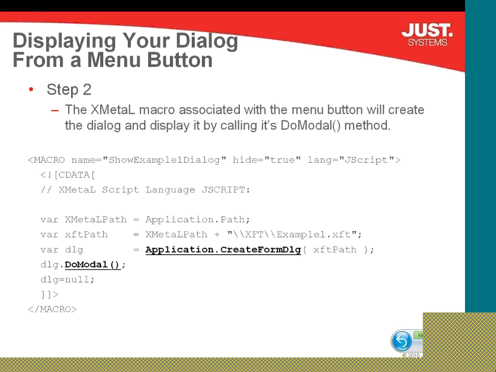It's a method of the application object that returns a dialog object, and you just call doModal on that. doModal is a blocking function, so the code is blocked at that line until the user hits OK or cancel, or otherwise the dialog gets closed. And then the last line is just setting that dialog to null so that the JavaScript garbage collector will reclaim that object and dispose of it.